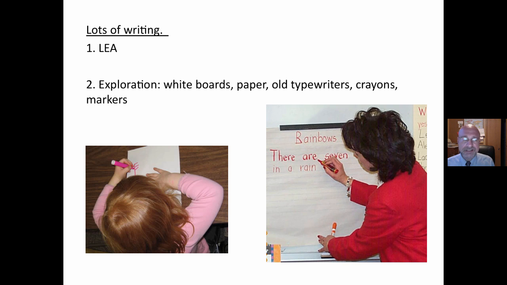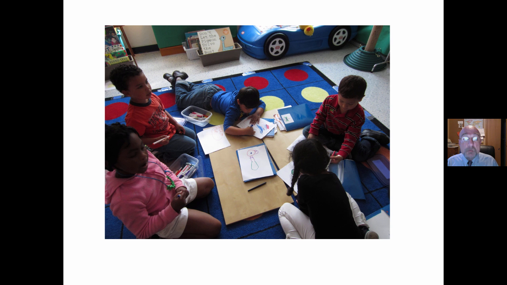Lots of writing, language experience approach, where you ask students what they want to say and you dictate a sentence or a paragraph. Again, you can read that back using choral reading or echo reading. Language experience, exploration, simply a lot of whiteboards and papers and old typewriters and stuff lying around for children to mess around.